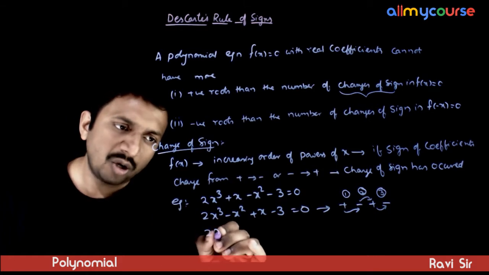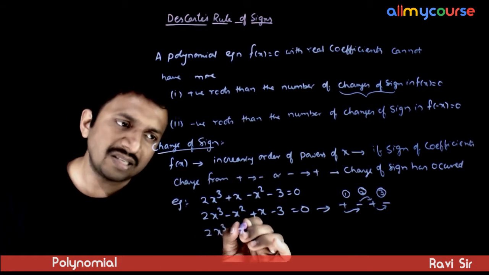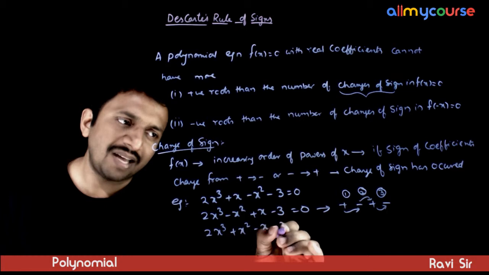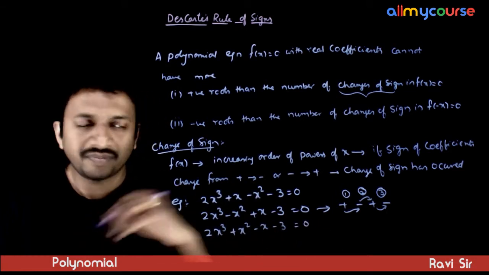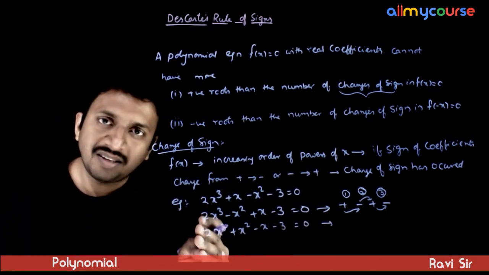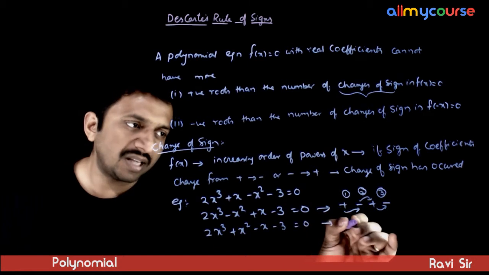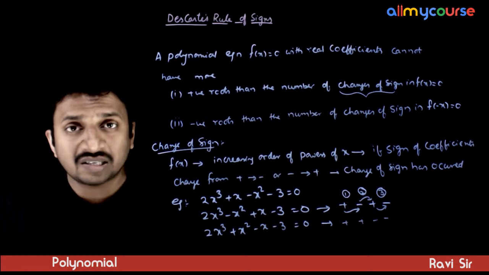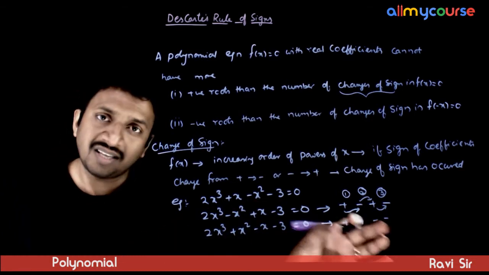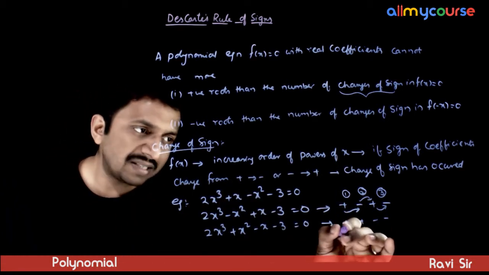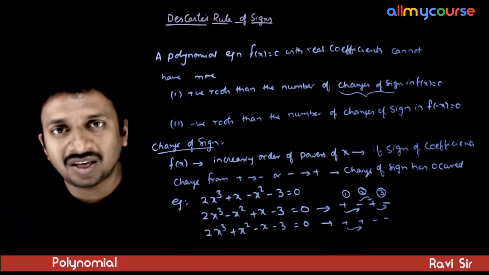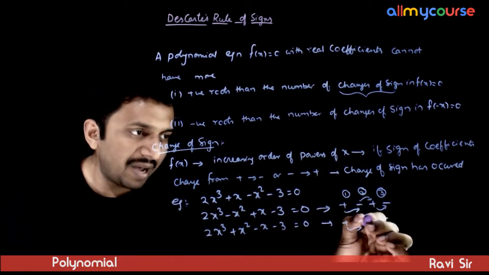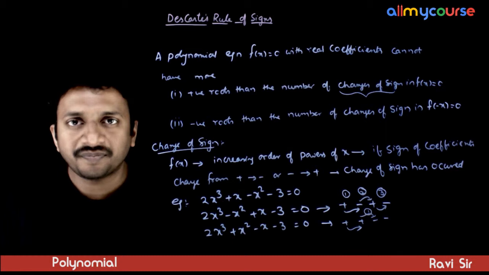So if you have 2x cube plus x square minus x minus 3 is equal to 0. So here the signs of the coefficients are plus, plus and minus, minus. Now how many changes of sign are there in this equation? So plus to plus, there is no change of sign. Plus to minus, there is one change of sign.